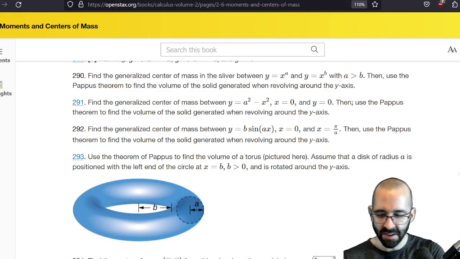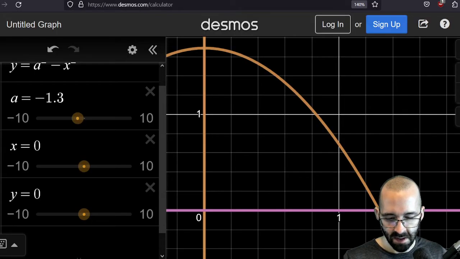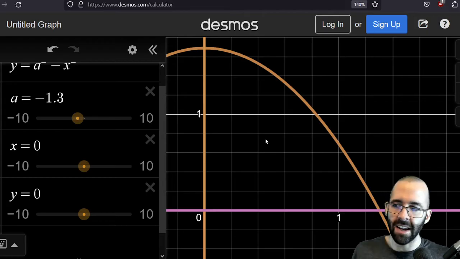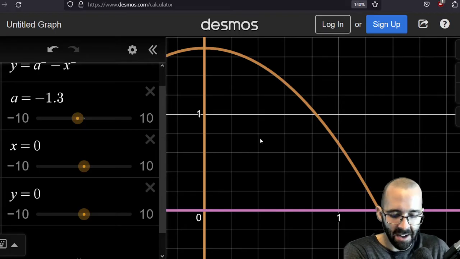Okay, so first it wants the center of mass of this region here. So again, you might guess that it's kind of right here. Maybe it's right here in the middle of this box. It'll be different depending. I can't draw a guess unless I want to use stuff with a's, and that's a little hard. But I'm guessing that visually it looks kind of like this.